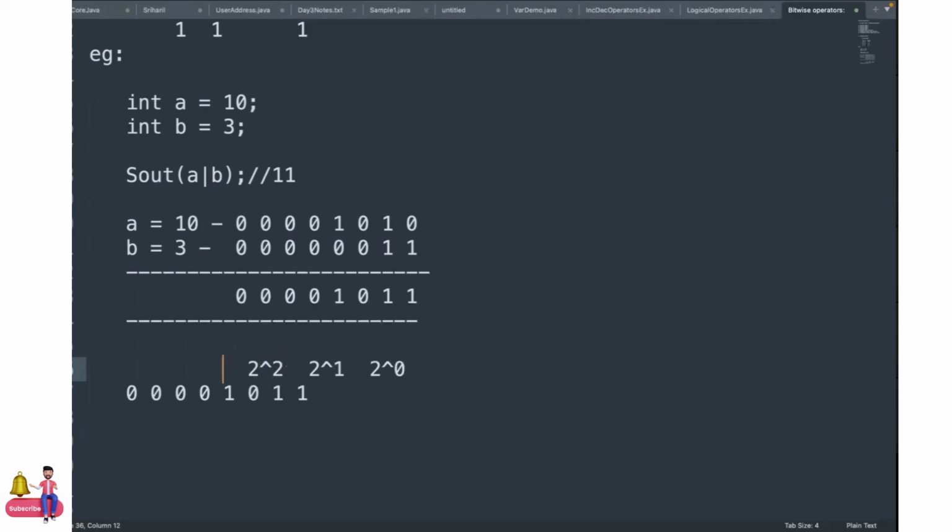Later 2 to the power of 3, then 2 to the power of 4, 2 to the power of 5, 2 to the power of 6, and 2 to the power of 7.